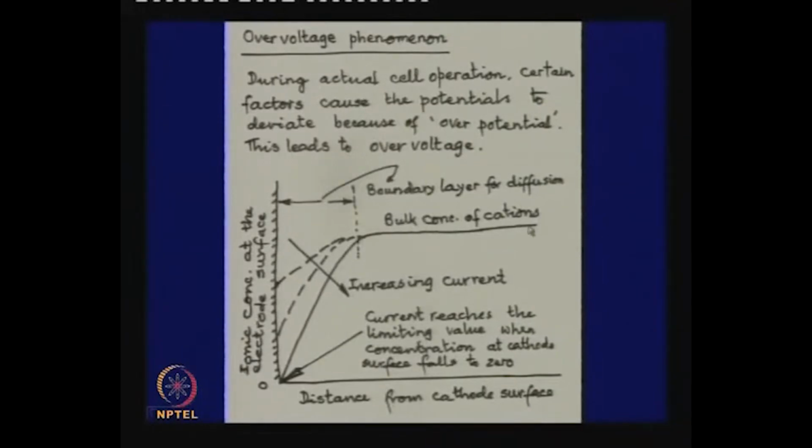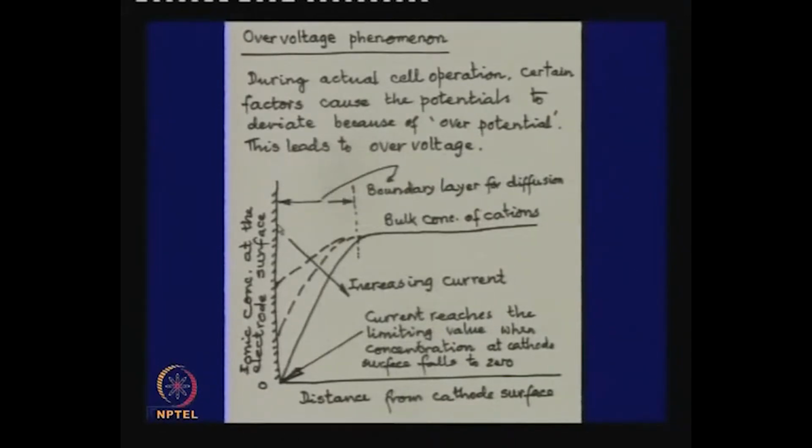either because of a concentration over potential, because when the current flows, the bulk cations are flowing towards the cathode. The flow has to be because of a concentration gradient. This gradient becomes steeper when the current increases, because there is more flow of the cations, which means you have a steeper gradient, that is why a greater flow, but there is a limit beyond which we cannot push it further, and that becomes rate controlling.